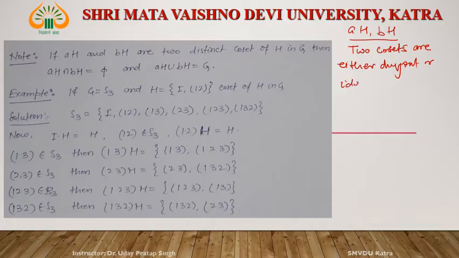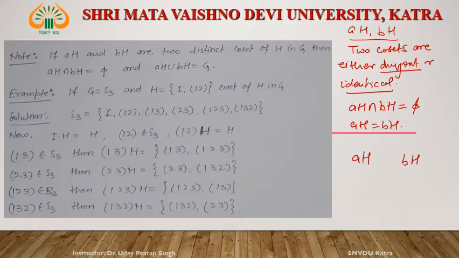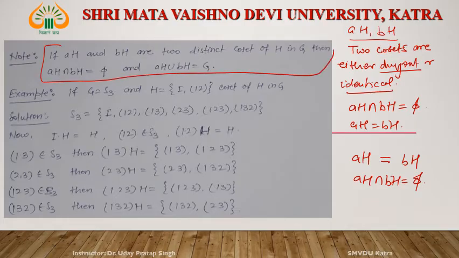Disjoint means aH intersection bH is equal to the empty set, and identical means aH is equal to bH. It means if we have two cosets aH and bH, then either they are equal, or if they are not equal, then aH intersection bH is the empty set. This is the result.